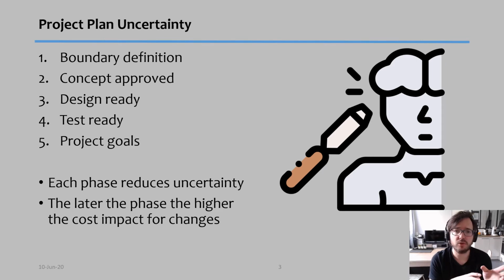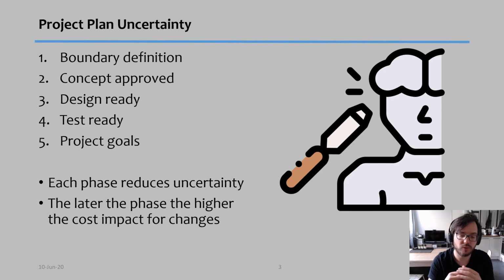Maybe the first thing you do in progressive elaboration, all right, you start by defining your boundaries, and you work on the project, you find, okay, now we get more information, we can define our concept, then you can define your design, then you can define your test, then you can define your project goals. So it's very different here because what you're doing is basically going from more general to more and more specific until you get exactly what you want.